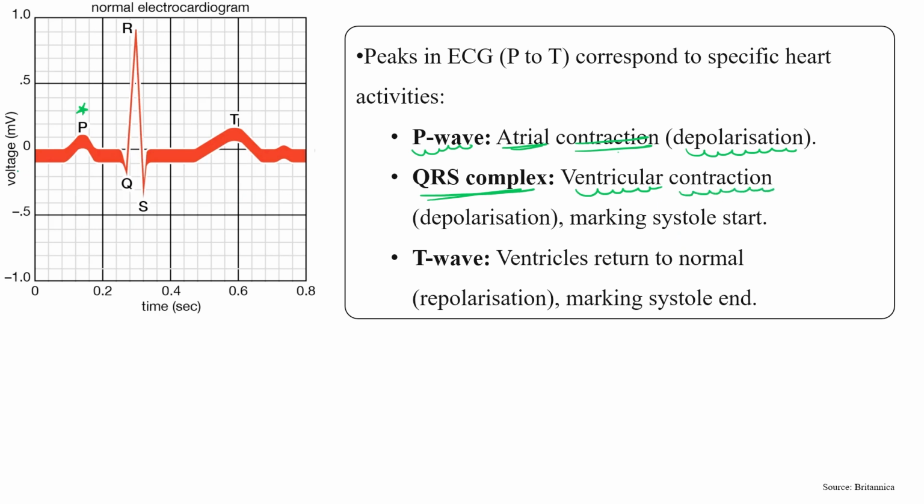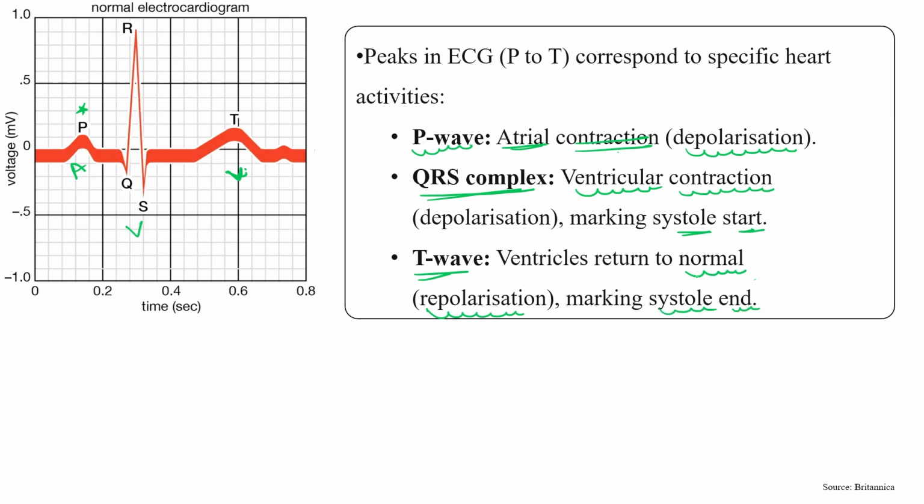So this is atrial depolarization. This whole complex is known as ventricular contraction or ventricular depolarization, making systole start. And this T wave, in which the ventricle returns to its normal position, means repolarization, making systole end.